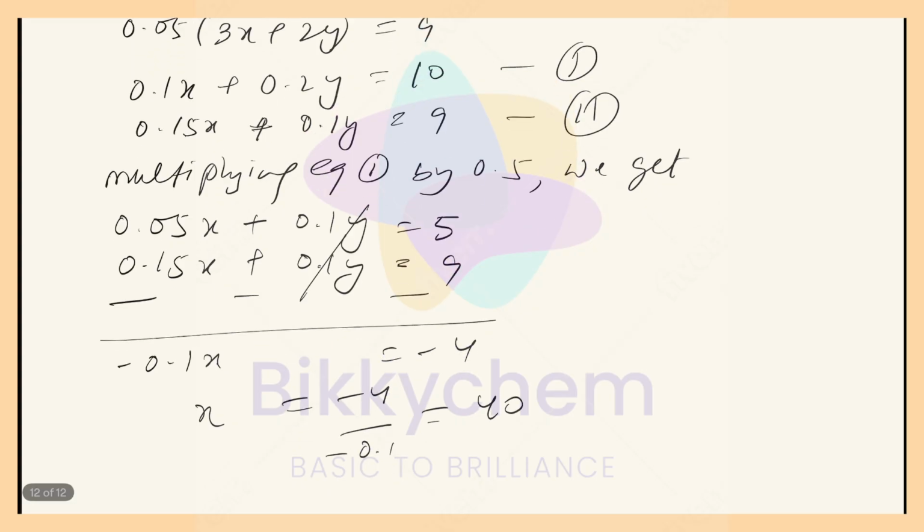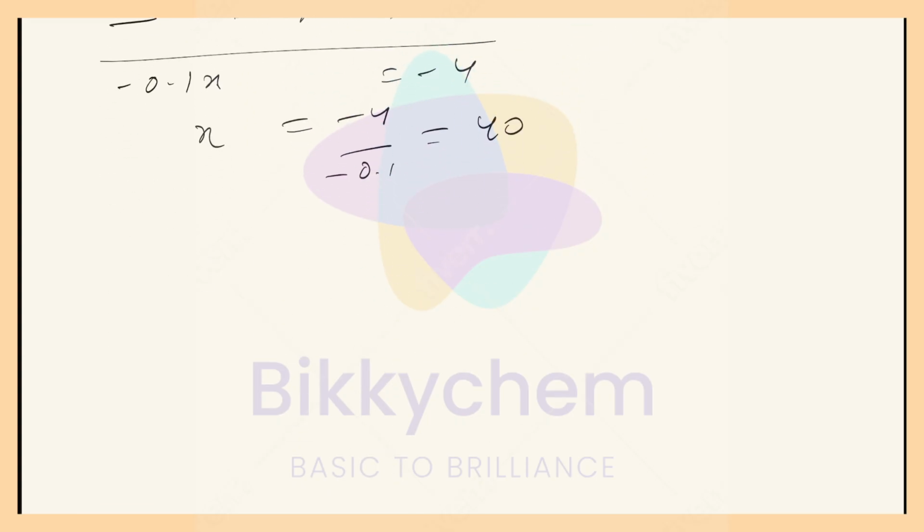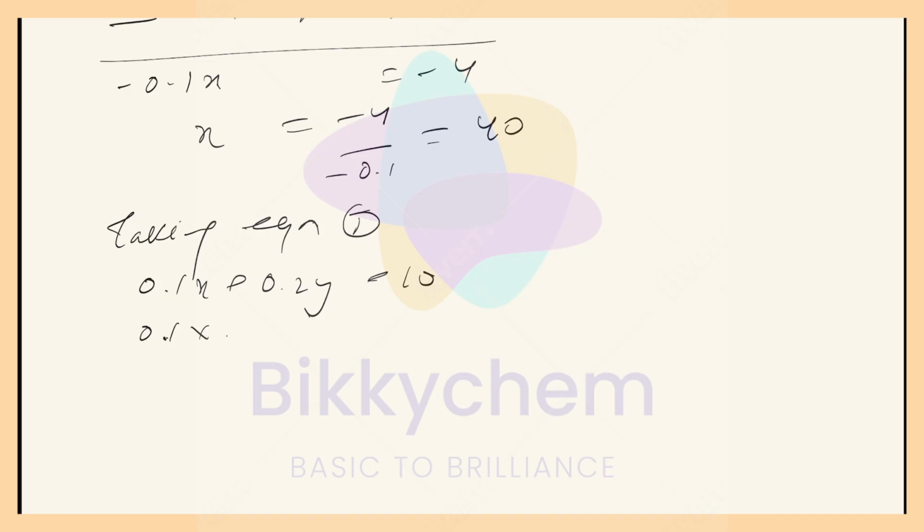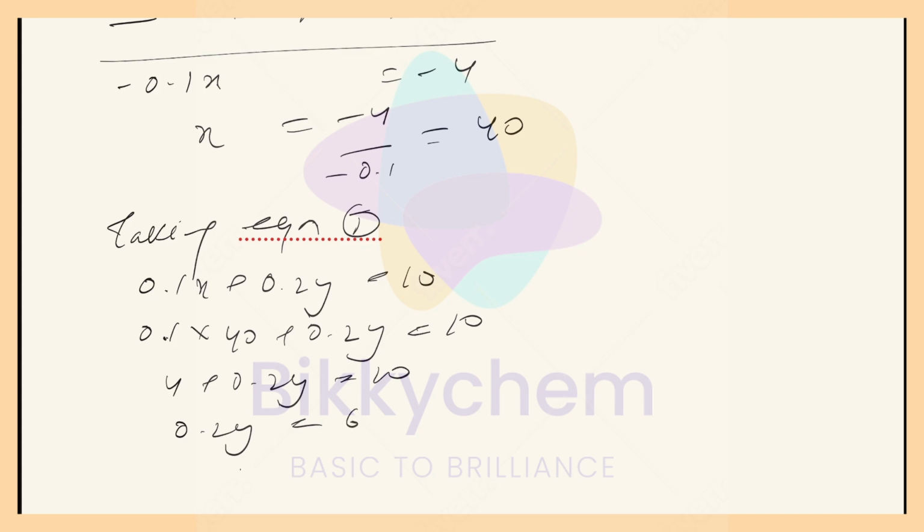Okay, now taking equation 1, 0.1x plus 0.2y equals 10, so 0.1 into 40 plus 0.2y equals 10, so 4 plus 0.2y equals 10. 0.2y equals 10 minus 4, which is 6, so y equals 6 by 0.2, so it will be 30.